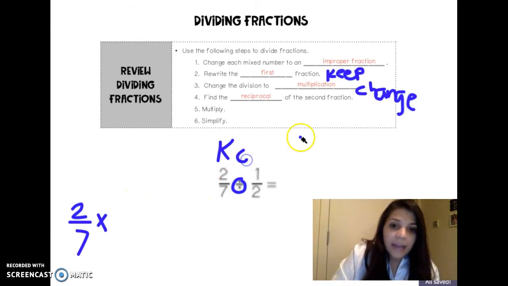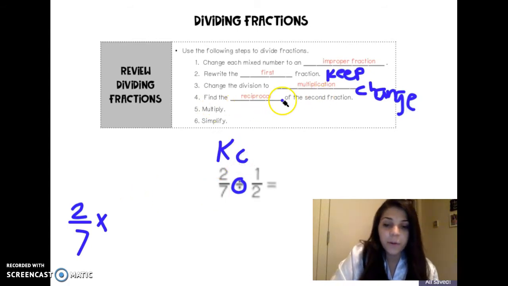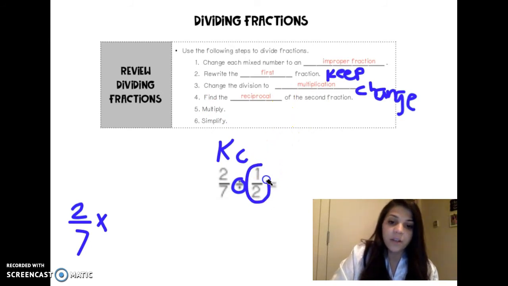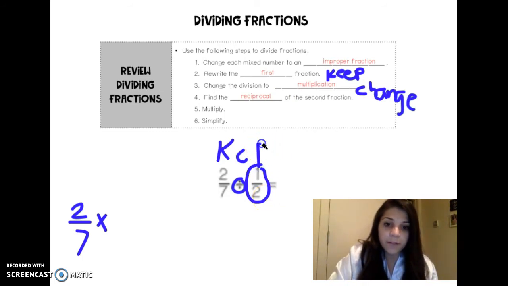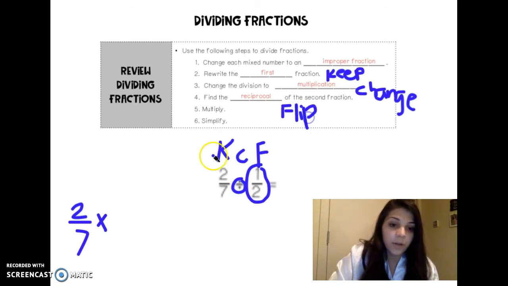And then our last part is to find the reciprocal of the second fraction. Well, this would be our second fraction, and we know that reciprocal means when you flip a number upside down. So we're going to label this our F, or our flip part of the problem, where we turn 1/2 into 2 over 1. So I'm going to go ahead and write that down here. So we have 2 over 7 times 2 over 1.